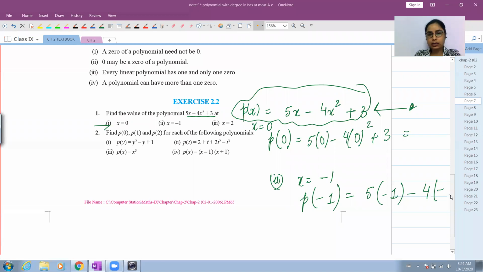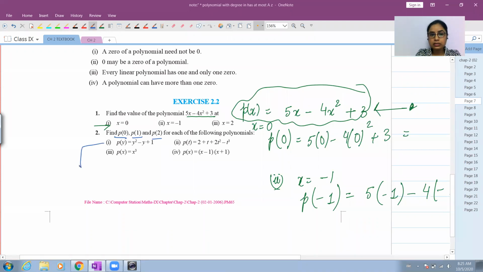So we substituted these values one by one and found the answer of our polynomial. In question number 2, they are writing find P(0), P(1), P(2). So the value in the bracket is the value you want to replace your variable with. If we are saying P(0), that means in all the given polynomials, the variable will be replaced by 0.